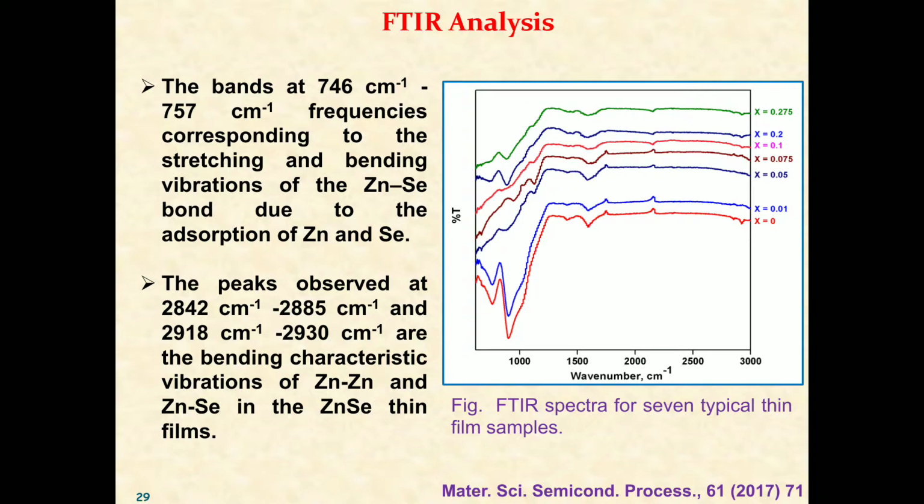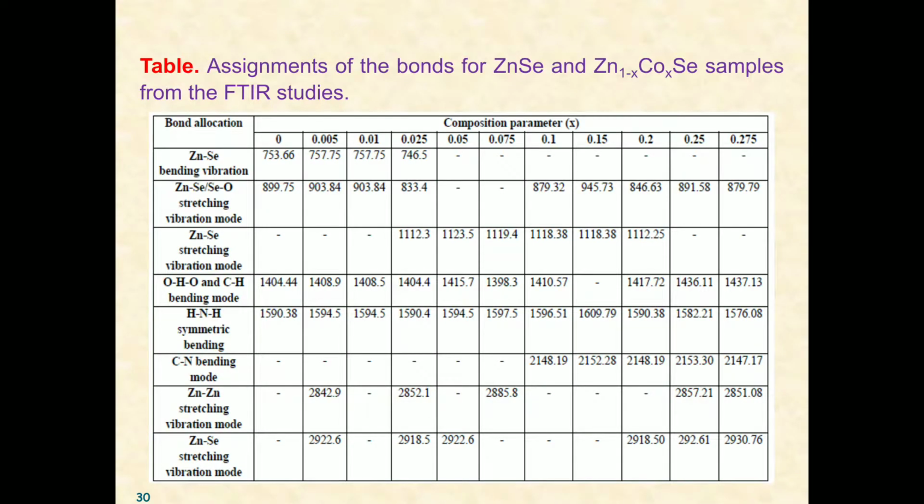So this is the assignment of the bands for ZnSe and ZnCoSe samples from the FTIR studies.